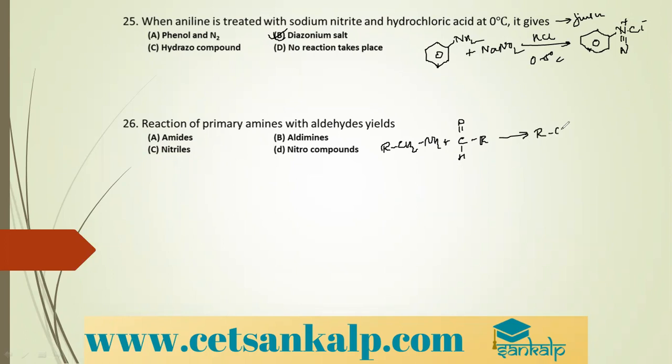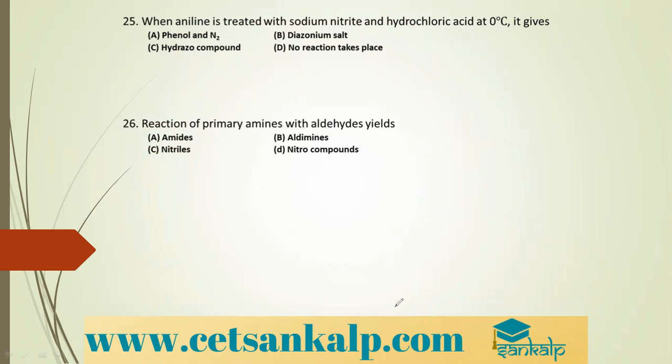We get R-CH2-N, H2O elimination occurs, and a double bond CHR. It is nothing but aldimine. These compounds are called aldimines. You can note down that reaction also. Next question.